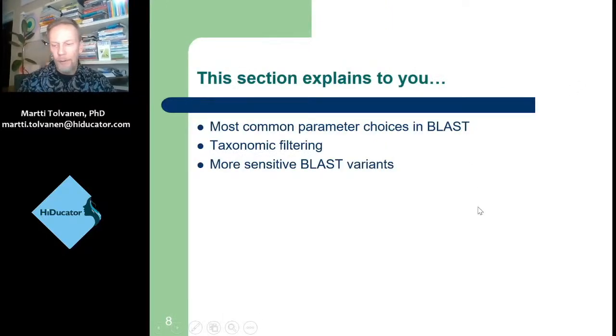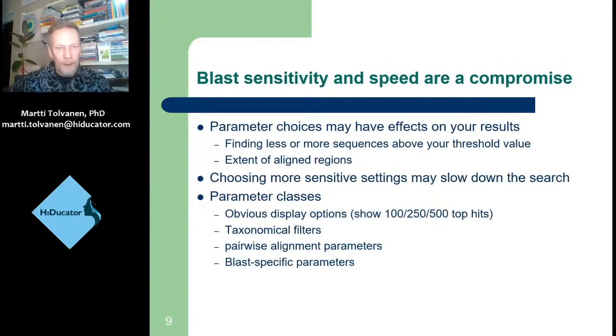In addition to this, we'll have a more organized look at taxonomic filtering we saw in the previous demos as a very quick peek. Now, we've talked about BLAST being a heuristic algorithm, so that it's making some shortcuts and assumptions to come up with the most likely best hits.